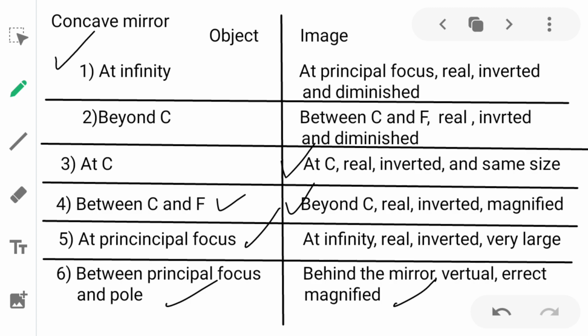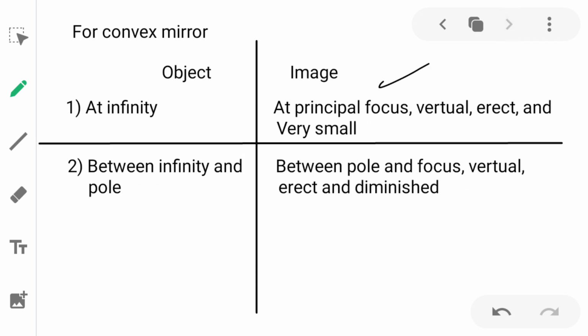If the object distance is less than the focal length, the image formed will be virtual. But in case of a convex mirror, the image formed will always be virtual. When the object is at infinity, the image is at the principal focus, virtual, erect and very small.